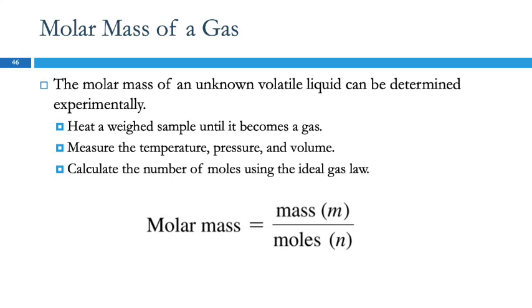We can measure the temperature, the pressure, and the volume of this gas. And then we can calculate the moles using the ideal gas law. We allow the gas to condense back into a liquid, we weigh it to find the mass, and we take the mass and we divide by the number of moles.